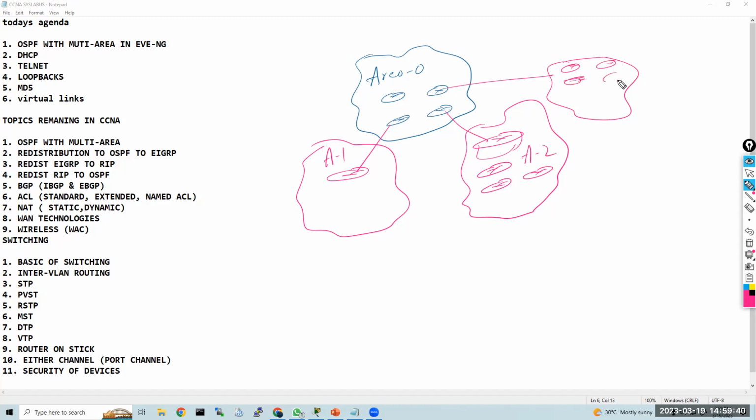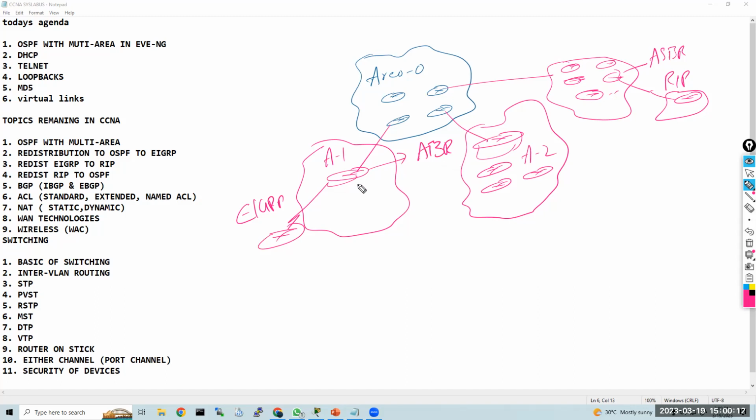What is the advantage of dividing the area? If there are any changes in the network, and this area is connected with another area, for example here you are running EIGRP and here you are running RIP, this router is called an ASBR and this router is called an ABR.